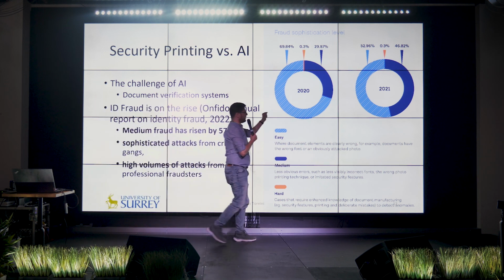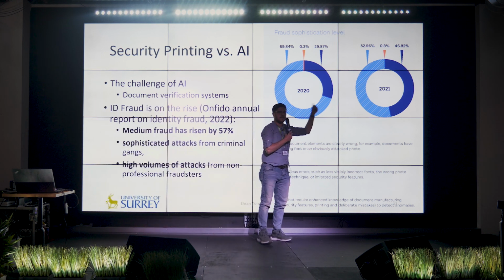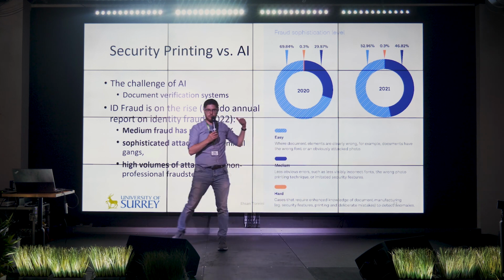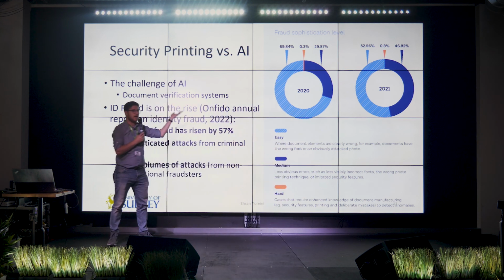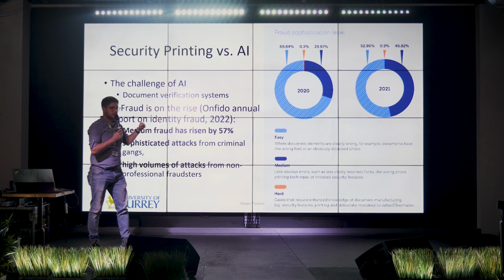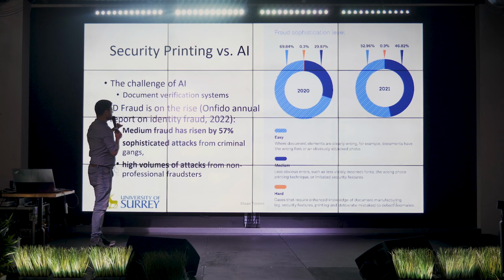To give you a little bit of indication, these are stats that I gathered from the annual report of Onfido, which is one of the well-known online document verification platforms.